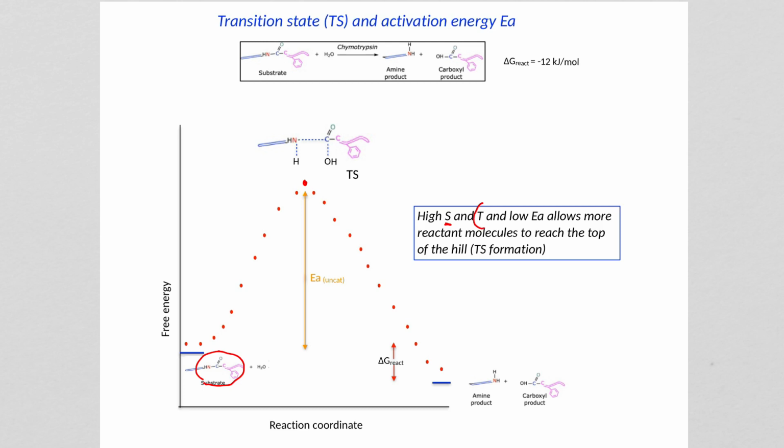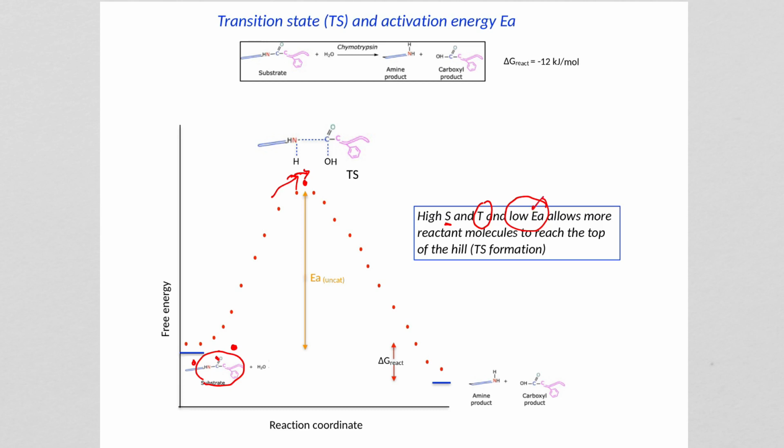Similarly, the higher the temperature, the more the movement of these molecules, that means the more likely that these molecules will reach the top of the hill. And similarly, if the hill is very high, then it's harder for these reactant molecules to reach the top of the hill.